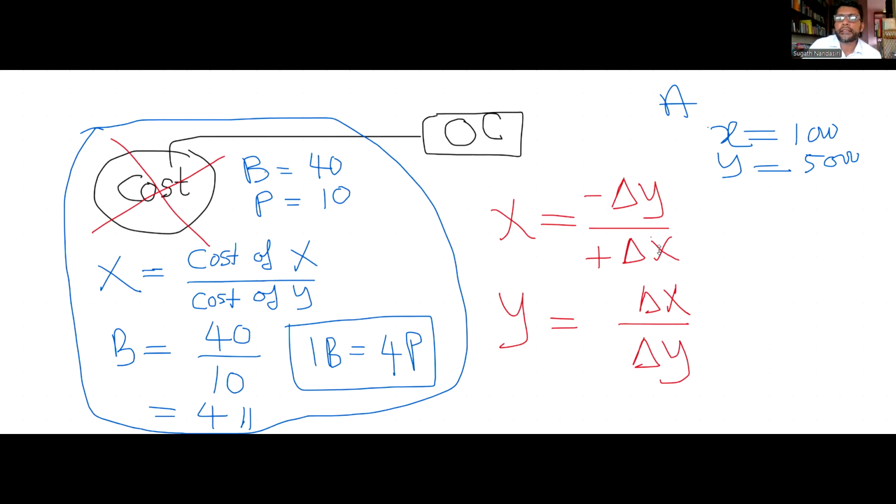Opportunity cost of X equals the amount you sacrifice. How much do you sacrifice? You sacrifice total Y production, that is 5,000, and you increase X production by 1,000. To increase X production by 1,000, you have to sacrifice 5,000 of Y. Then your answer is 5.